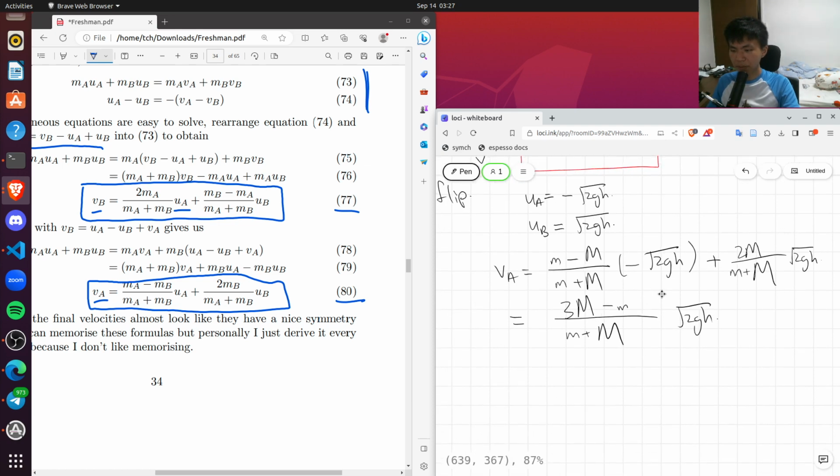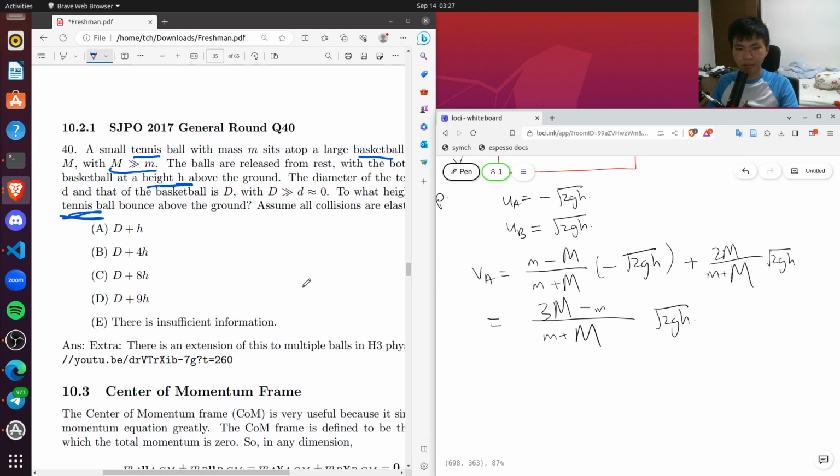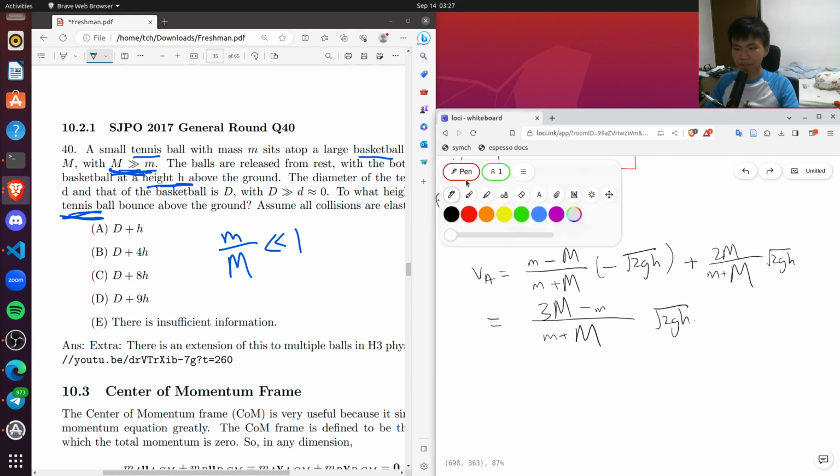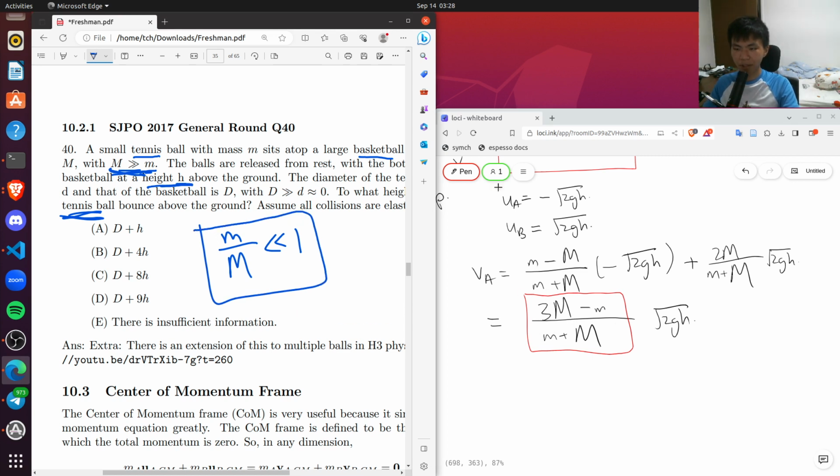Okay, so this is where we can apply the limit which the question used. The question told us big M is much bigger than small m. Whenever you see something like that, you can always rearrange it such that small m over big M is much less than 1. Using this, we want to approximate this ratio.